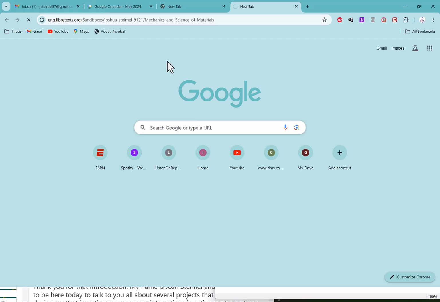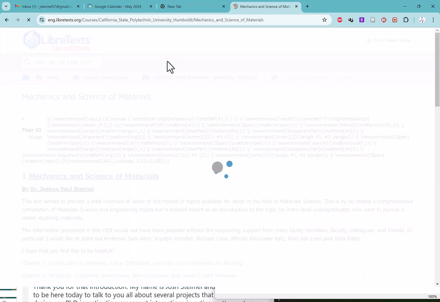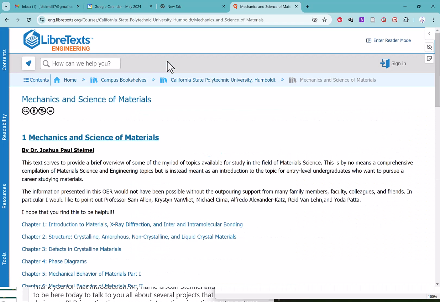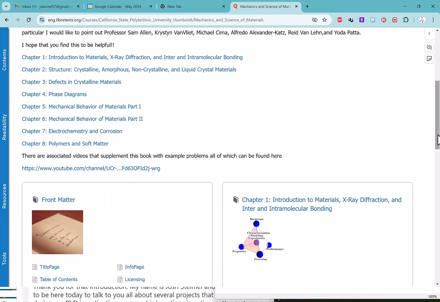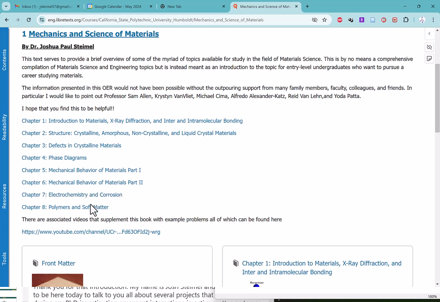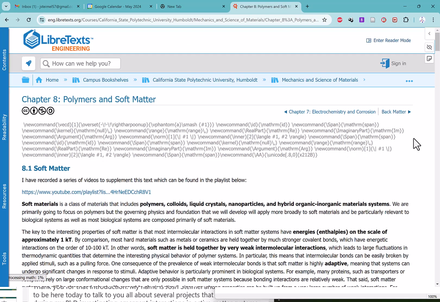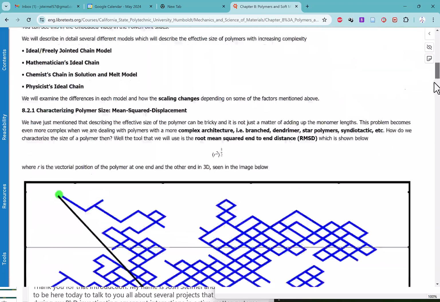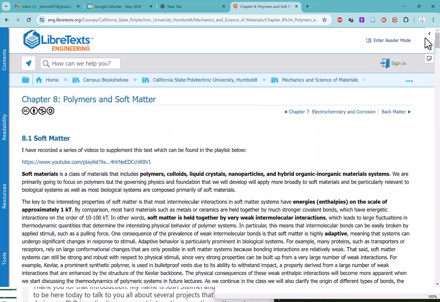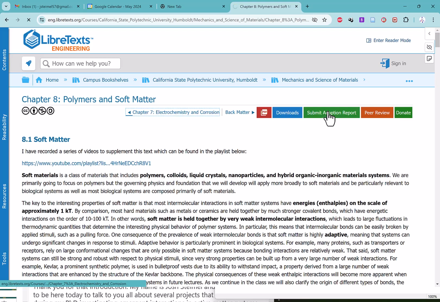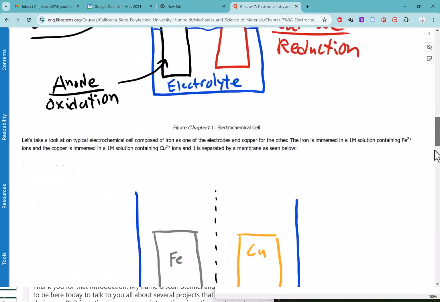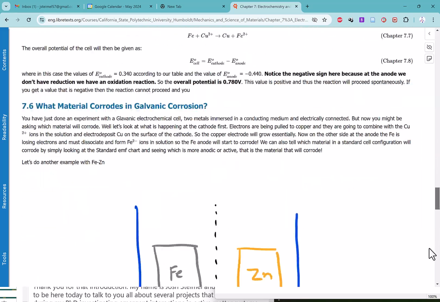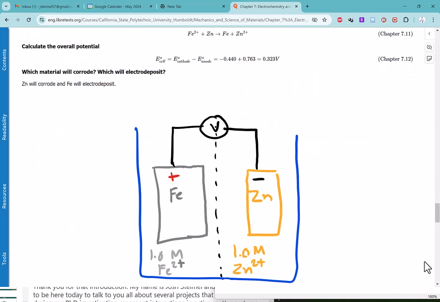Let's just wait while this loads up. We are going to go to our textbook and we can look at corrosion. We can also see our YouTube videos, which are linked here. We're going to use lecture 7 or chapter 7, and then look at our Nernst equation.